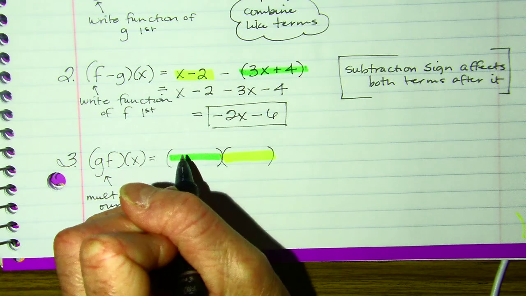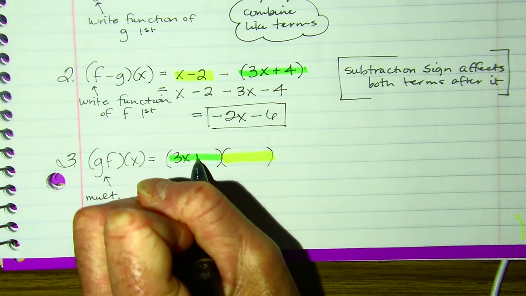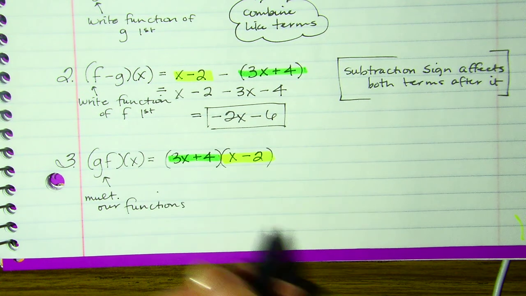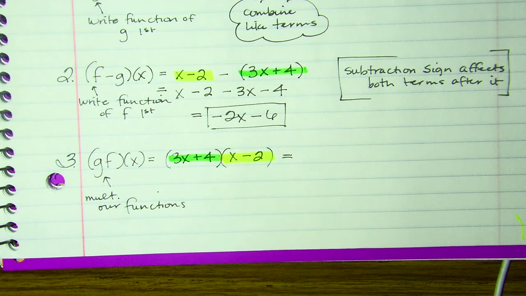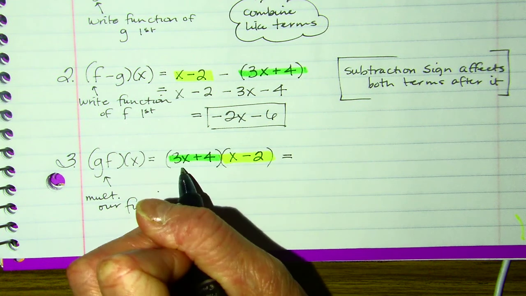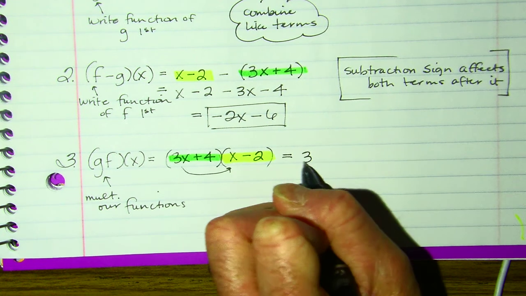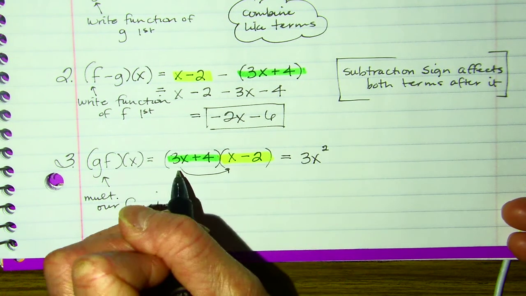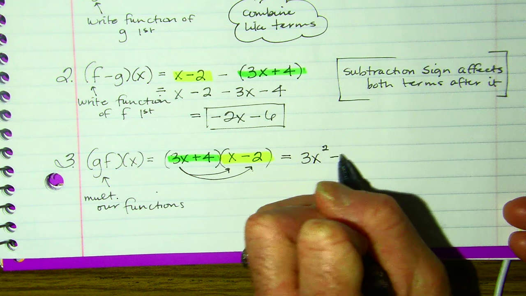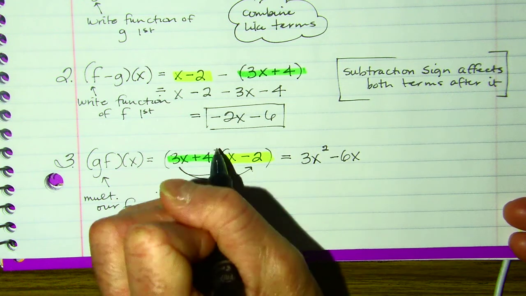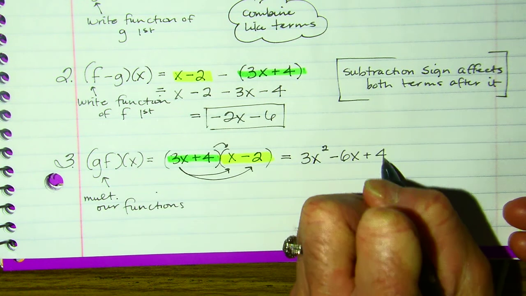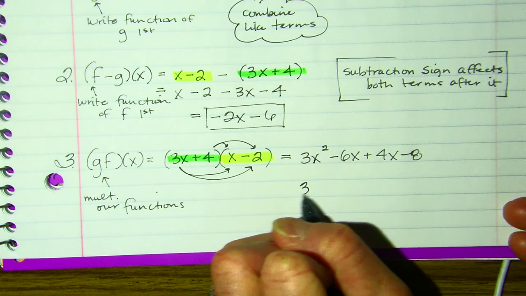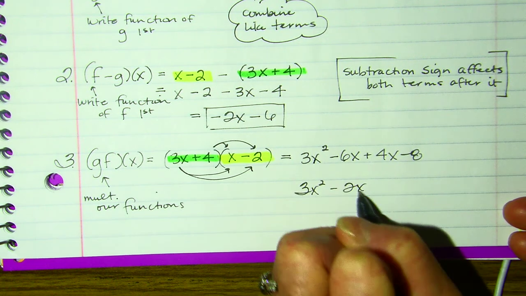So the function of g times f. And now we're going to distribute, right? We just went over how to multiply polynomials. So 3x times x is 3x squared. 3x times negative 2 is negative 6x. 4 times x is positive 4x, and 4 times negative 2 is negative 8. So I end up with 3x squared minus 2x minus 8.